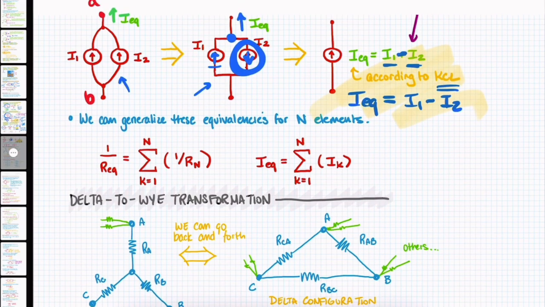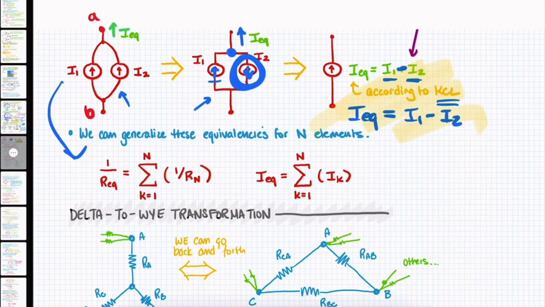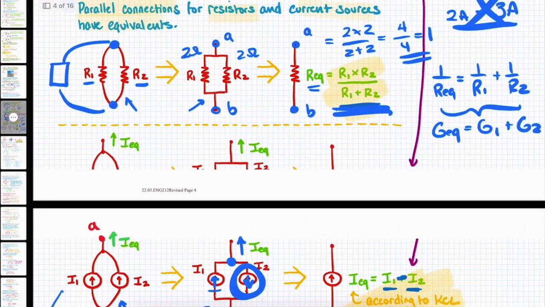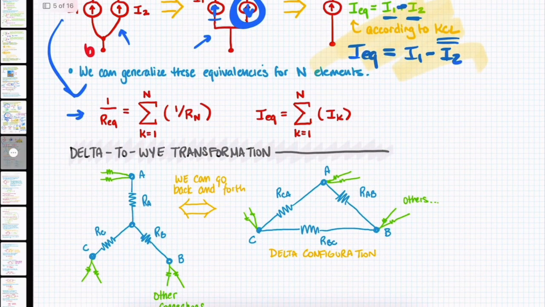And so we can generalize the expressions above with these two equations. I actually already showed this right here. I said that 1 over the equivalent resistance is equal to the sum of 1 over the resistances that compose it. And that's essentially what this equation is saying, except it's expanding it to n number of terms.